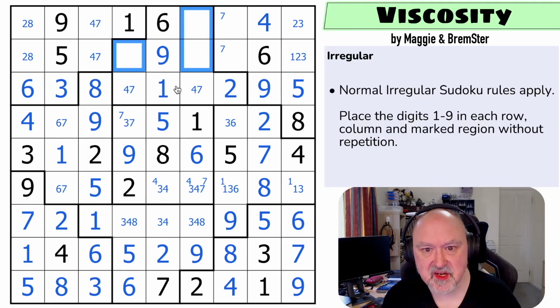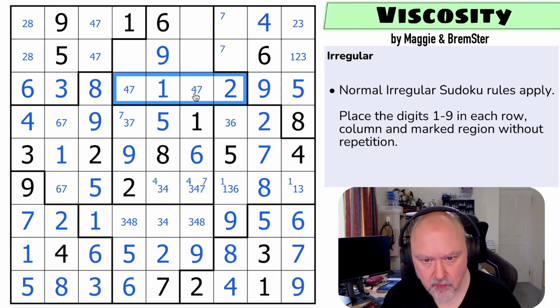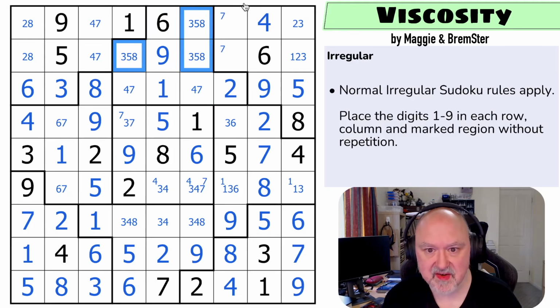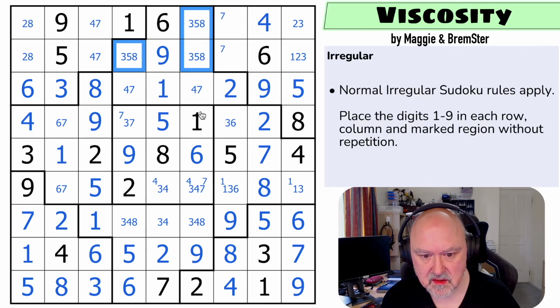So this is actually a triple. 1, 2, 3, 4, 5, 6, 7. So these are only 3, 5, and 8 to complete this. There's no 5 there. So 5 is in one of those two. This is a 3 or an 8.